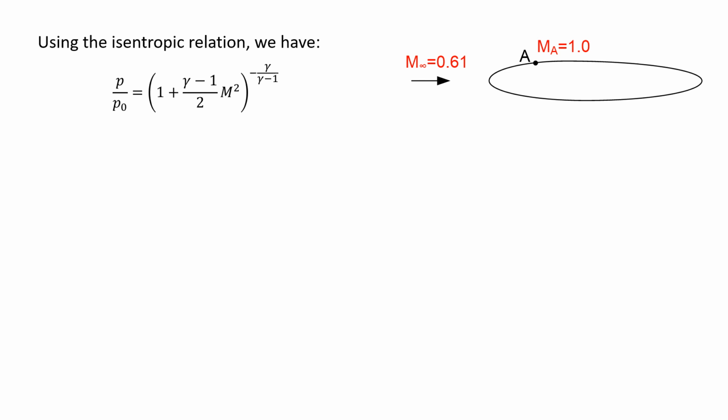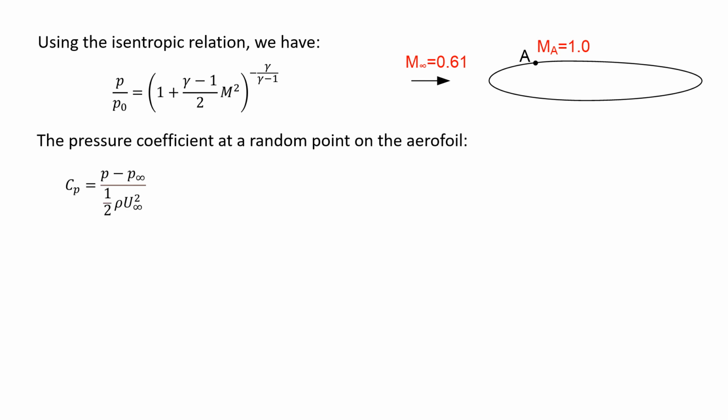Okay, so we will be interested in the pressure coefficient for that random point. Then we have the definition of the pressure coefficient, P minus P infinity divided by half rho U infinity squared. Let's move further. We know the denominator, half rho V squared, actually equals half gamma P infinity M infinity squared. We've done this derivation and demonstrated the equivalency for these two denominators.